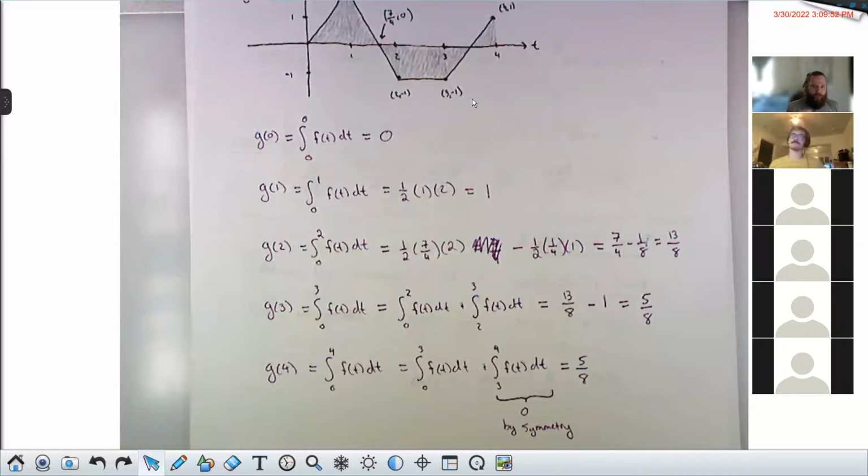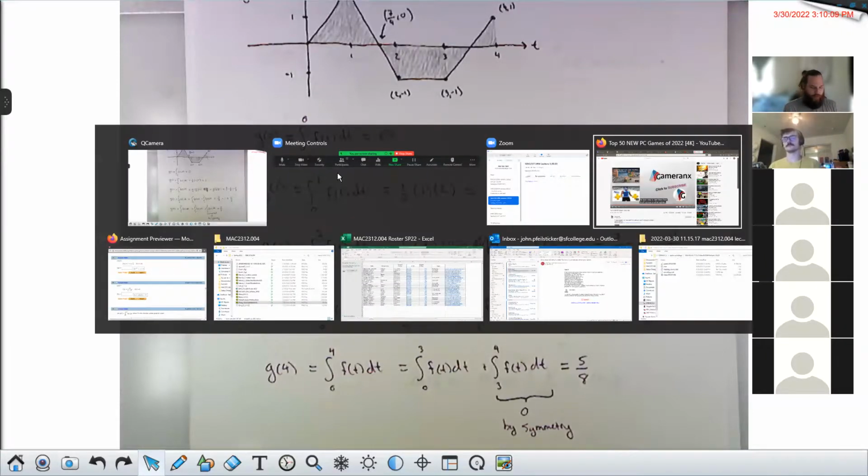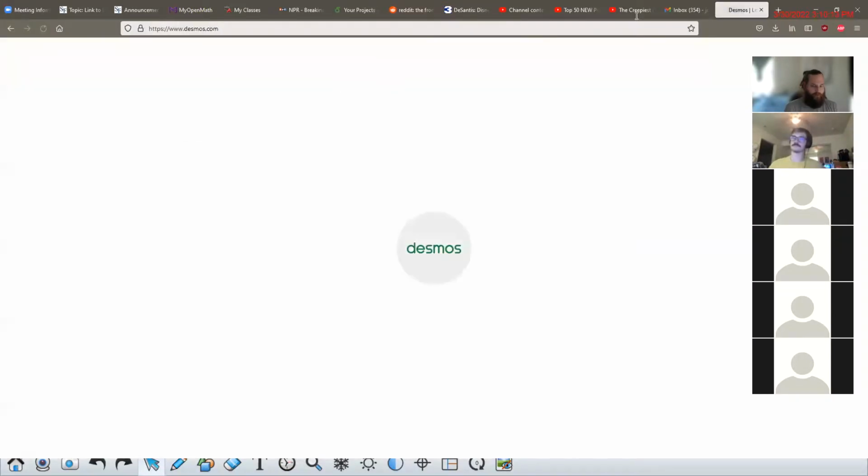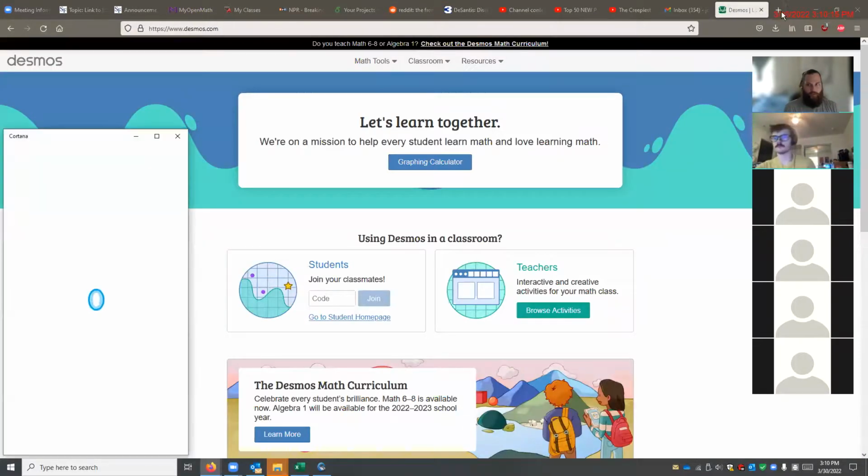The thing that I think is a little bit hard to wrap your head around is that this new function g is the signed area bounded by f from 0 up to x. It's just weird having a variable be one of the limits or bounds for your integral. Let me see if I have one already made up.